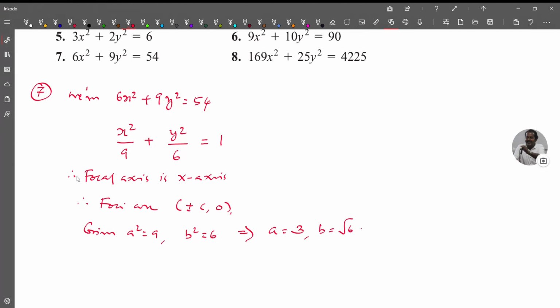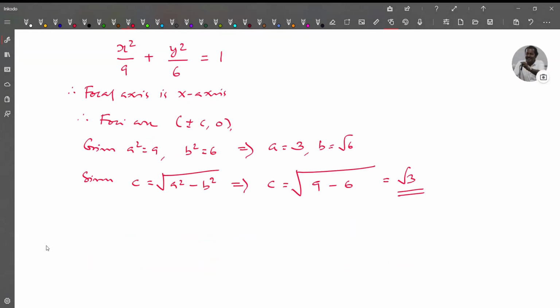Since the given equation is the equation of an ellipse, we have c is equal to root of a square minus b square. So this implies c equal to root of (9 minus 6). So this is root 3.